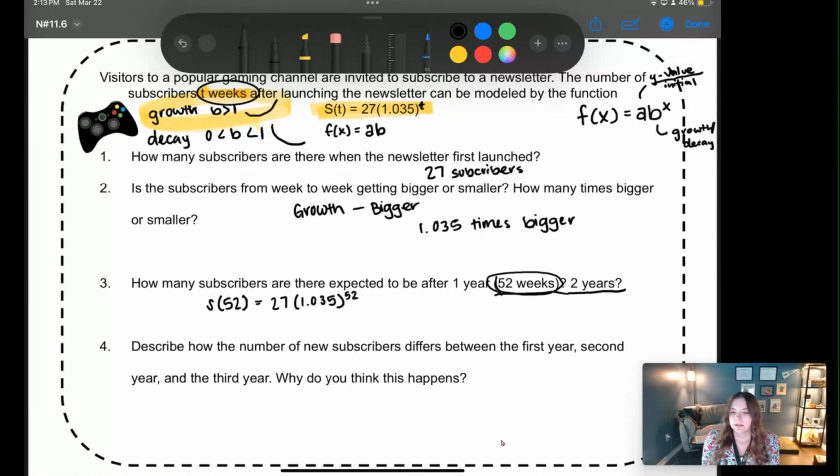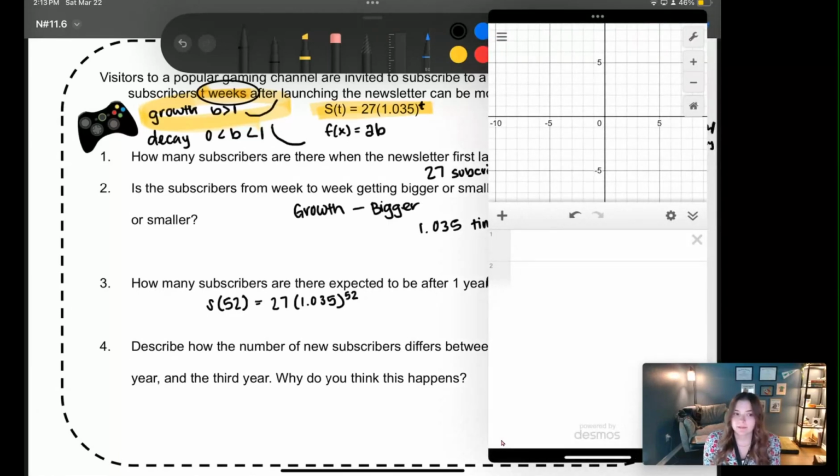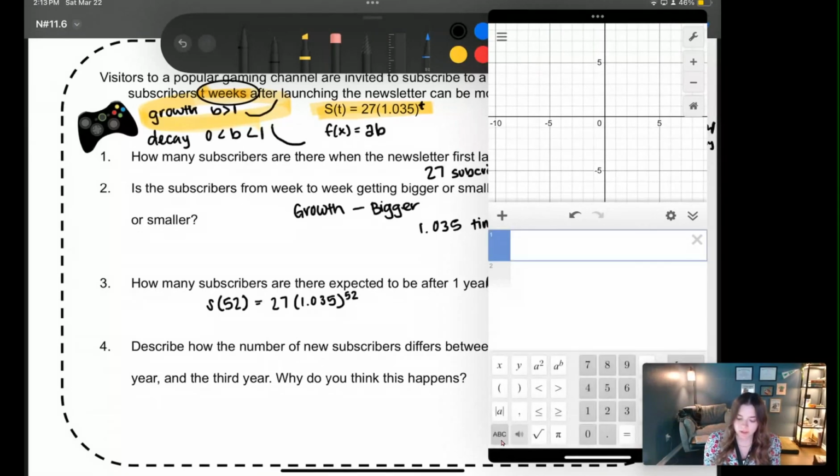Okay. Now, you might be thinking to yourself, Miss Bailey, I don't know how to do 27 times 1.035 to the power of 52, but that's okay, because what can you use? I can use my best friend, Desmos, and I can plug it in how I see it.